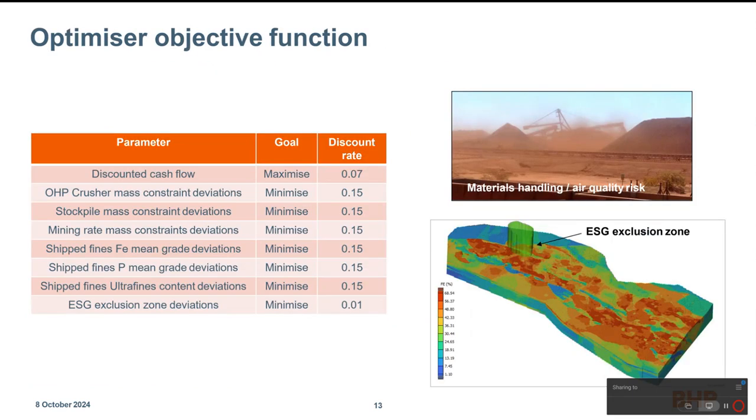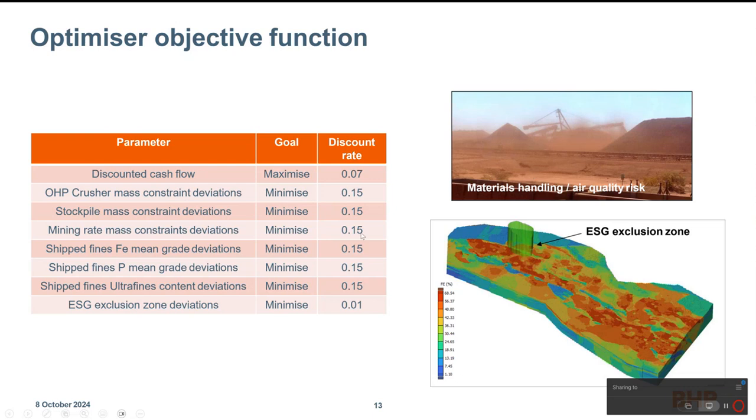The optimizer objective function has been configured to maximise discounted cash flow whilst minimising deviations from production targets and product quality specifications. And on the right-hand side of the slide, you can see some examples of the constraints that are applied.